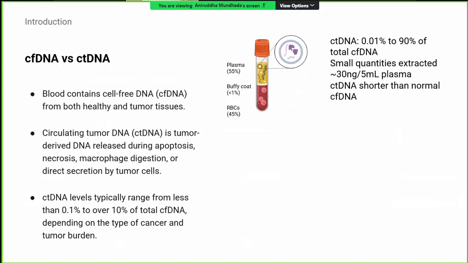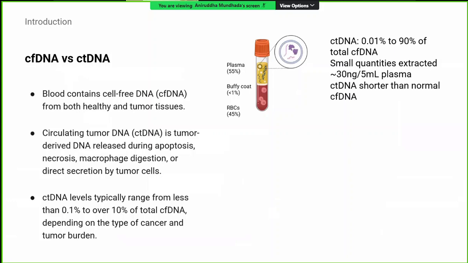So coming to two major concepts, which is circulating free DNA versus circulating tumor DNA. Blood contains cell-free DNA, which is from both the healthy and the tumor tissue, and that is almost 75 to 100 nanograms per ml, which is quite a lot.